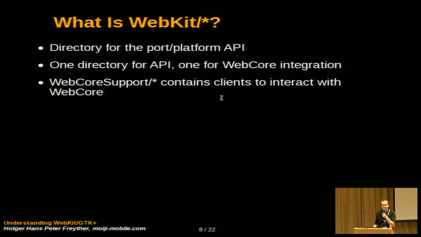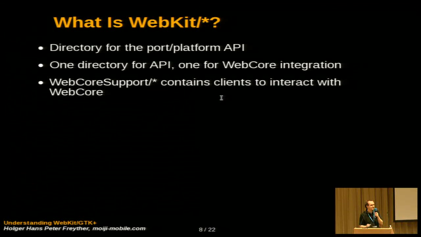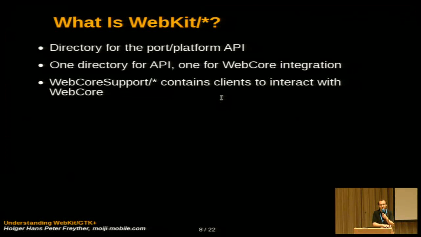The next bit is really what users of WebKit C, which is the API exported by a specific platform, see. So to put it in contrast, we have this webcode directory, which is just generic C++ code, but someone who's using Qt wants to use a QWidget or an API which blends perfectly into the Qt world, or someone on Mac wants to use Objective-C to interface with WebKit, or on GTK, of course, we want to use C and GObject and GtkWidget.